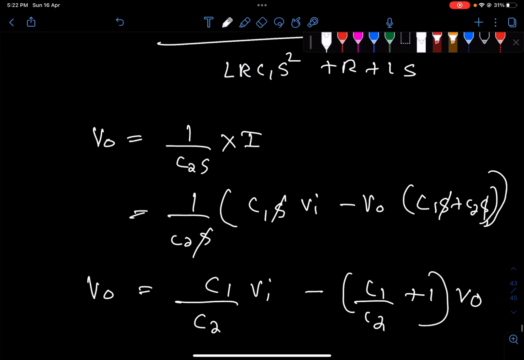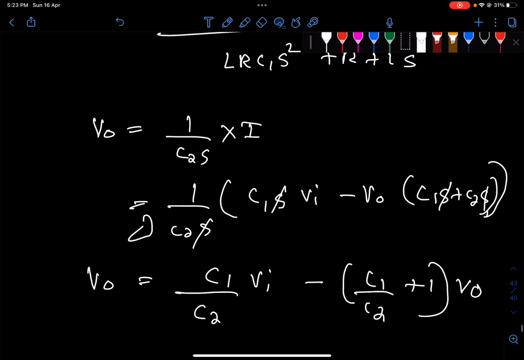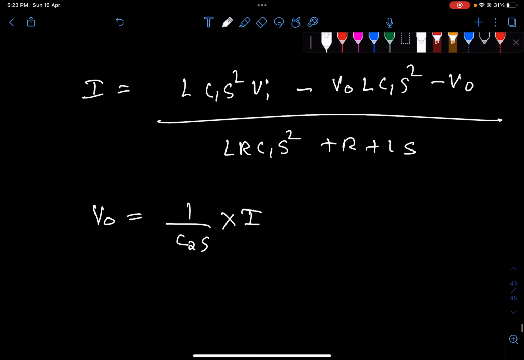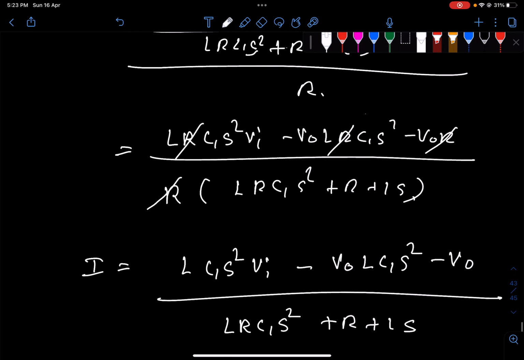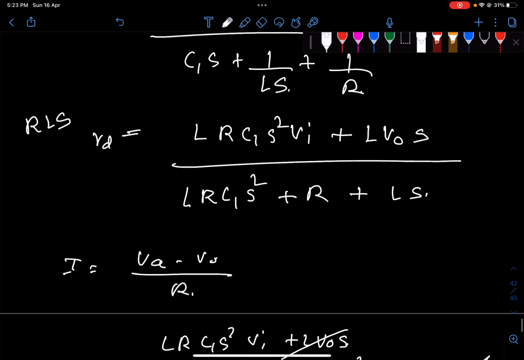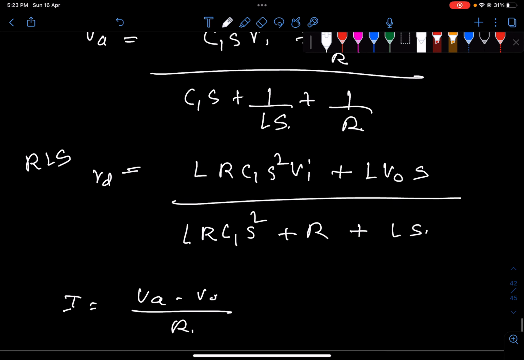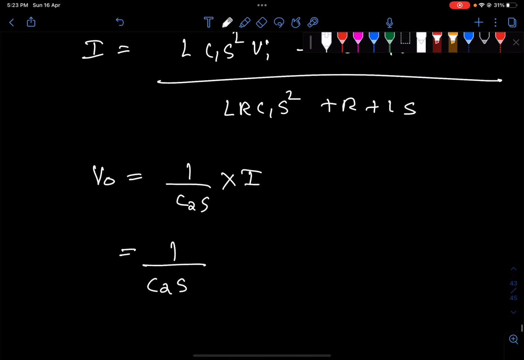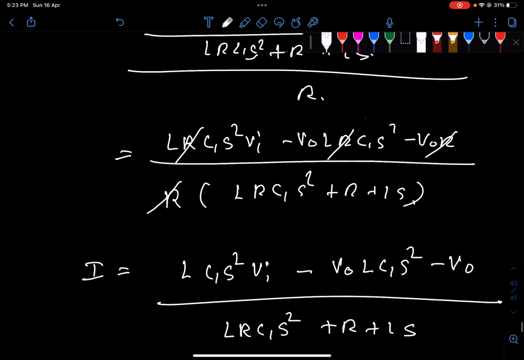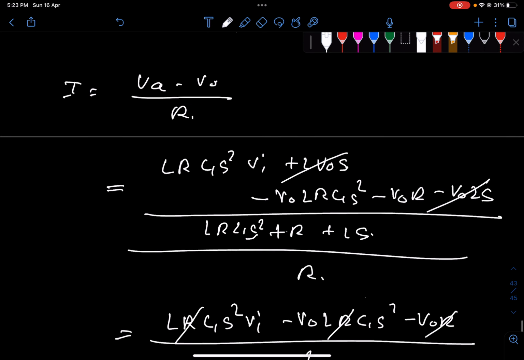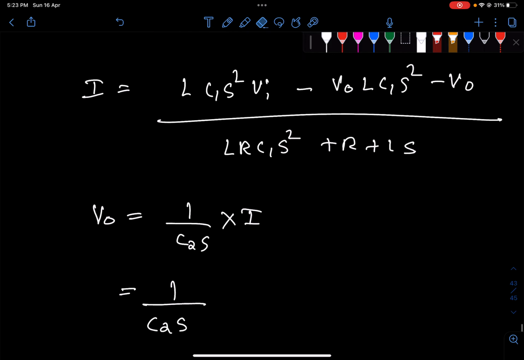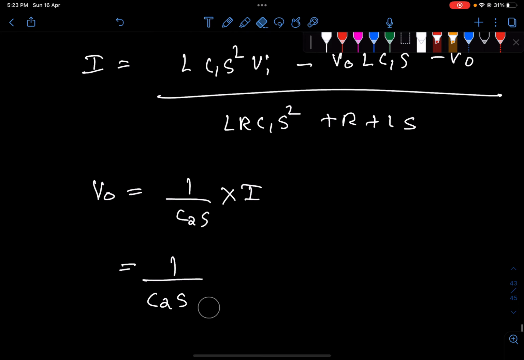So what is our output voltage? We are multiplying with the 1 by C2S, right? So to get the output, we multiply 1 by C2S with the current.